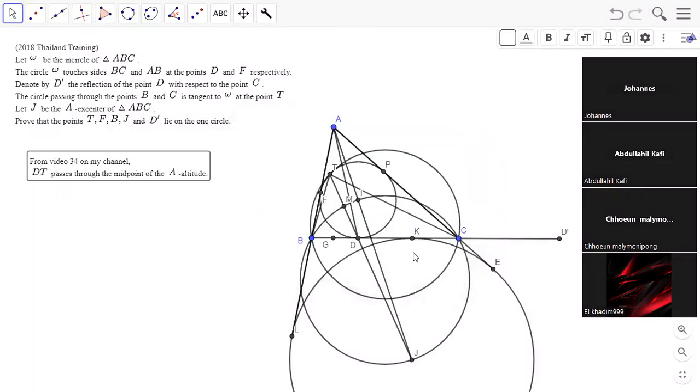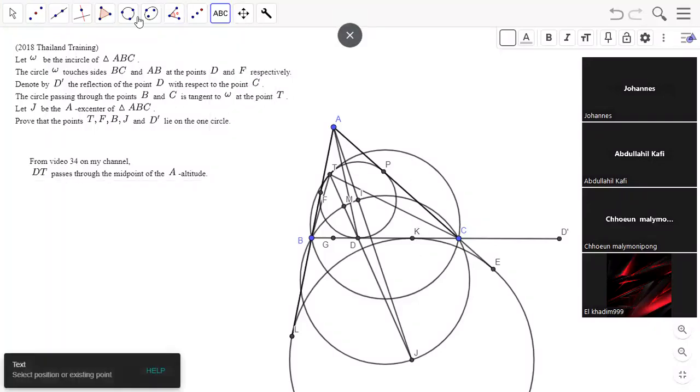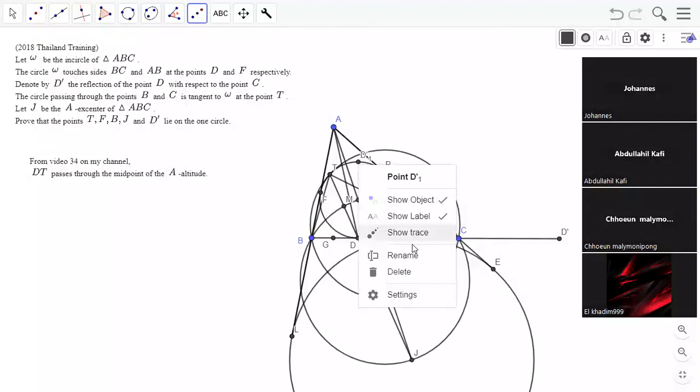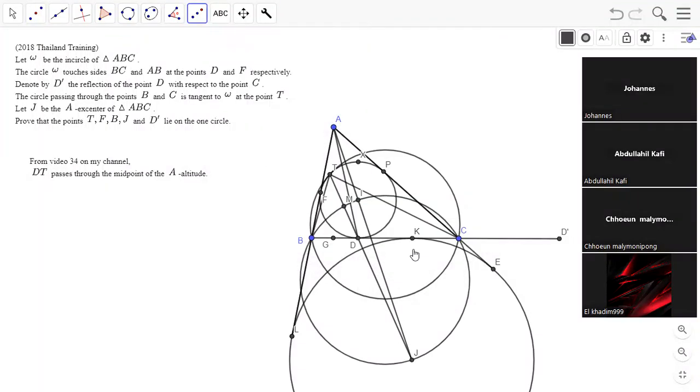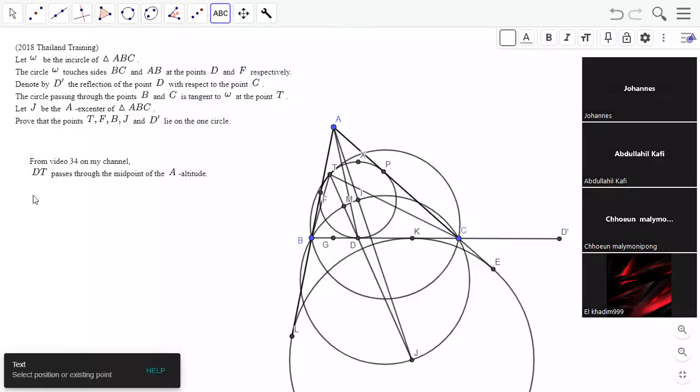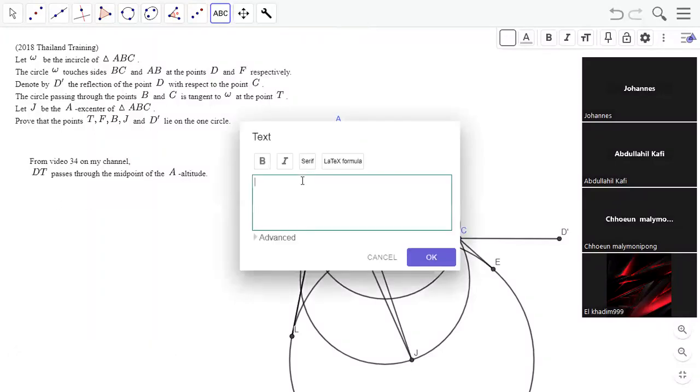Then, but JD also passes through that, because, so I'll say let's reflect V over I. Let's call it X. So let DX be a diameter of the incircle and KY be a diameter of the AX circle.